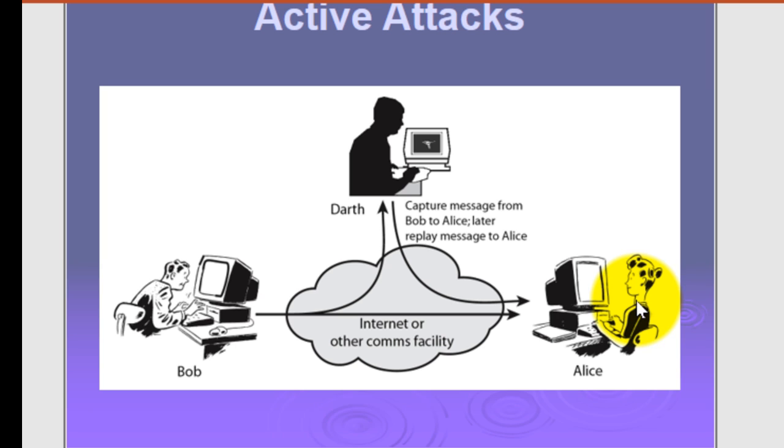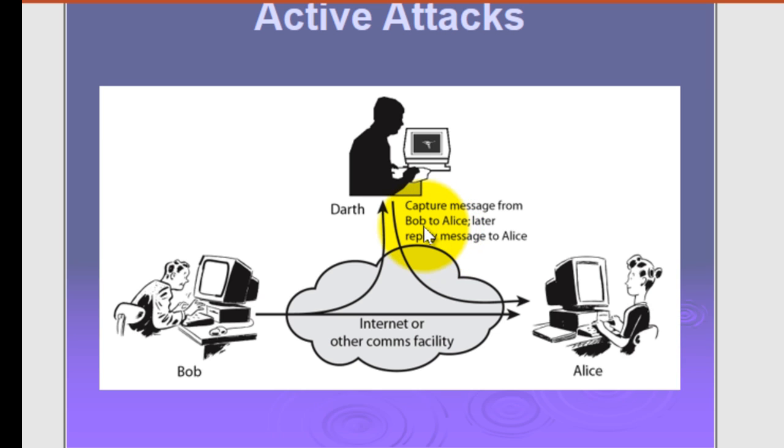There are different types of active attacks you can see. One is masquerading. Masquerading is a type of spoofing, pretending to be another user. Here, if you see, Darth will pretend to be Bob and send a message to Alice. That is called masquerading.